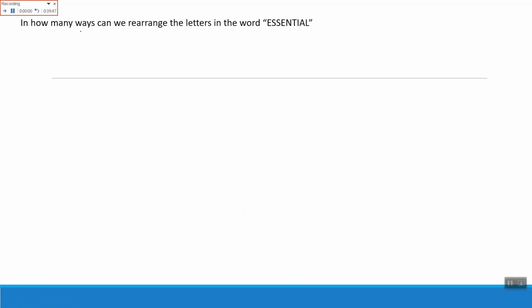Look, in how many ways can we rearrange the letters in the word essential? Same thing. So essential, E-S-S-E-N-T-I-A-L, 9 letters. Okay, the letter E is repeated 2 times. The letter S is repeated 2 times.